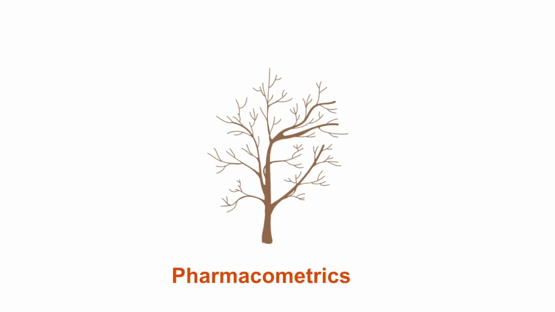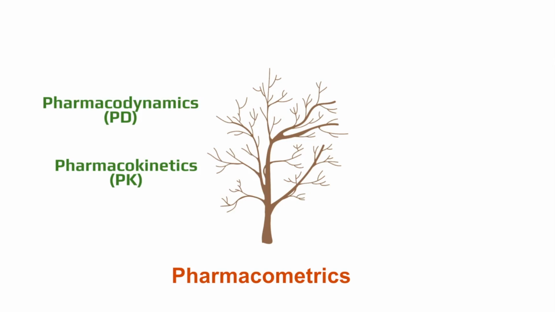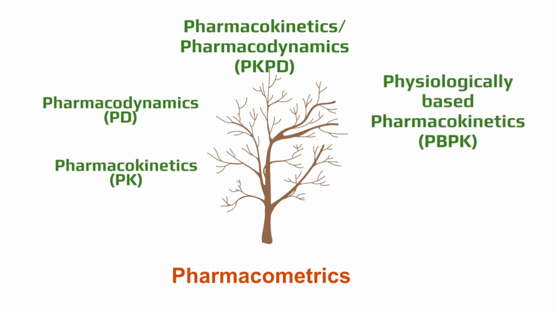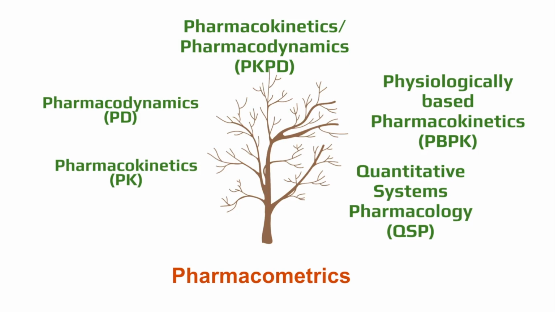The pharmacometrics tree has many branches, including pharmacokinetics or PK, which deals with what happens to the drug once it enters the body, pharmacodynamics or PD, which deals with how the drug affects the body, pharmacokinetics-pharmacodynamics or PKPD, which combines these two disciplines to provide a comprehensive understanding of the drug's behavior and effects over time, physiologically based pharmacokinetics or PBPK, which uses models to predict drug behavior based on physiology, and quantitative systems pharmacology or QSP, which uses models to predict drug actions within biological systems. This isn't an exhaustive list in any way, but it gives you a sense of the main areas within pharmacometrics.